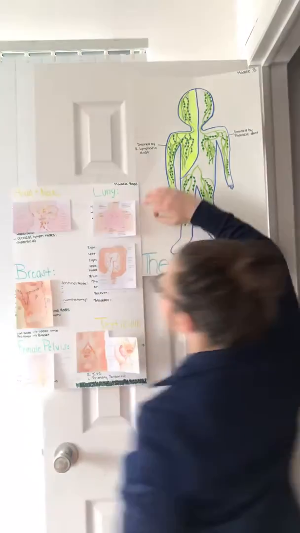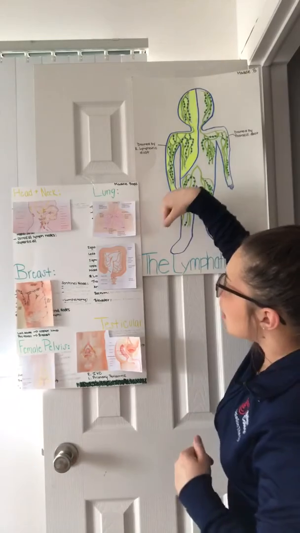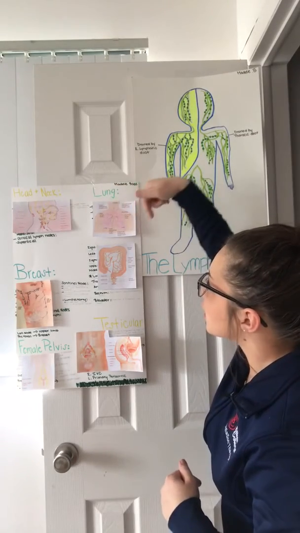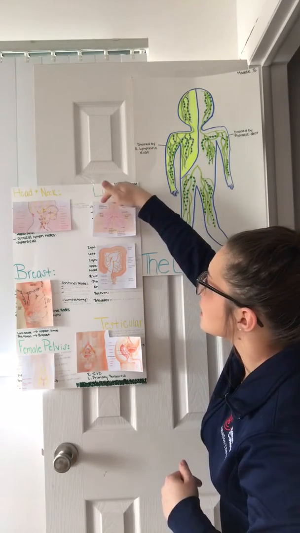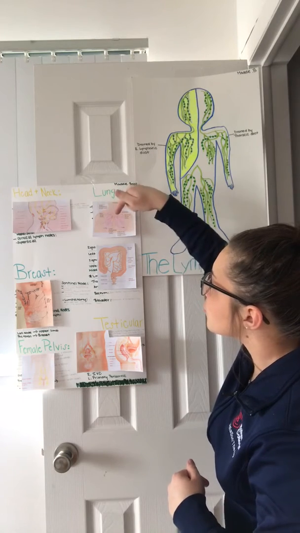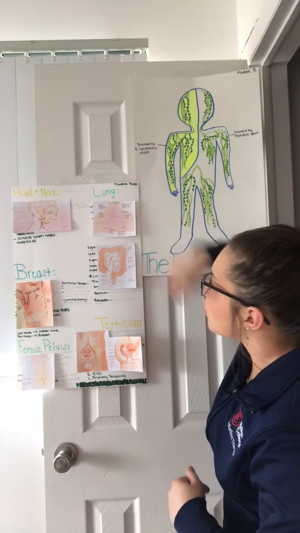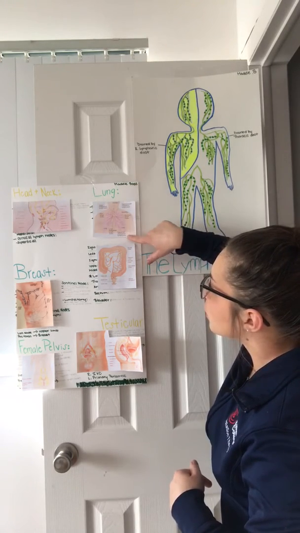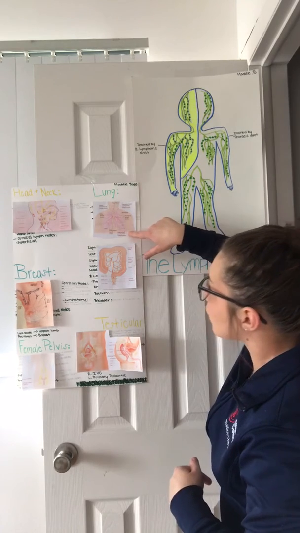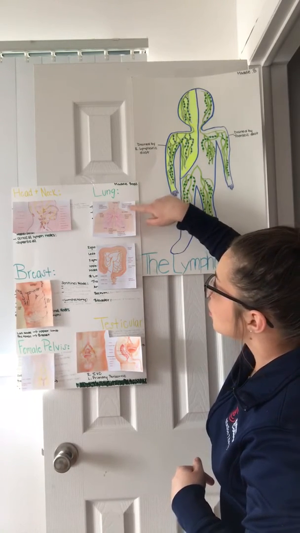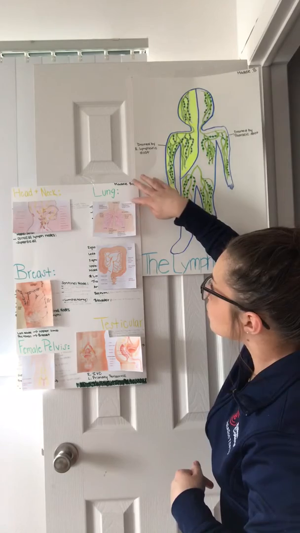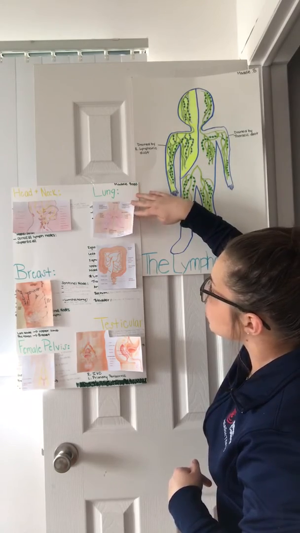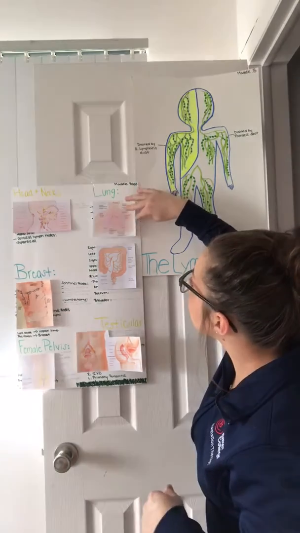So I'm gonna hop right over here to your lung, and this is just a picture of your lung. There's the trachea, your upper mediastinal lymph nodes, your hilar lymph nodes, lung, lower mediastinal lymph nodes, subcarinal mediastinal lymph nodes, your bronchus, your bronchial lymph nodes, and your supraclavicular lymph nodes, which is right up here by your collarbone.